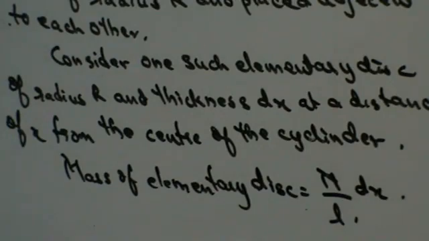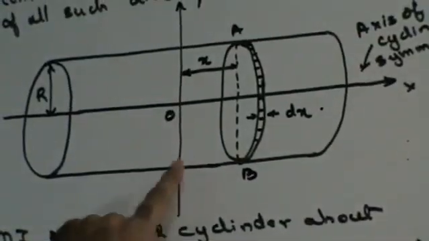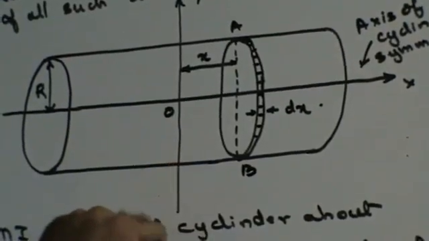Now I can say that the moment of inertia of a disk about its diameter, because here I'll have to find out your AB. Guys, can you please see the figure? AB is the diameter. So here you will have to find out the moment of inertia of the disk about the diameter.